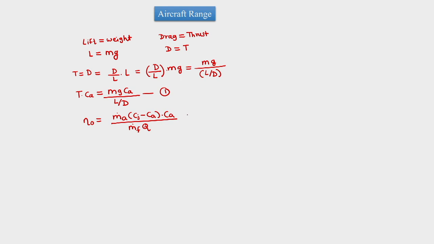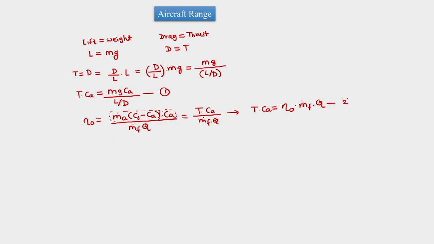So here this part is thrust and this is aircraft velocity. So this is T into Ca divided by m dot f into Q, and this leads to T into Ca is equal to overall efficiency into m dot f into Q.